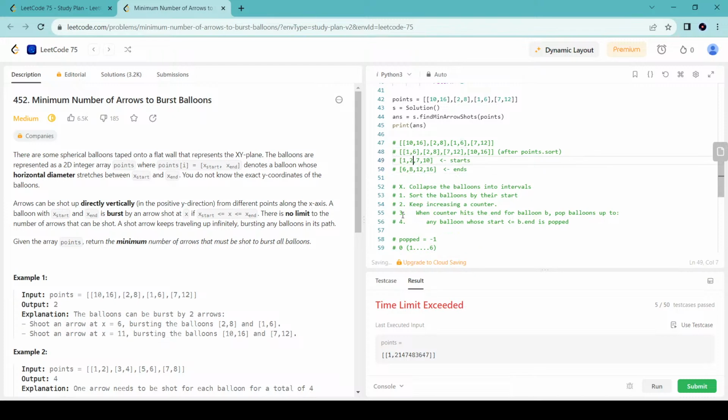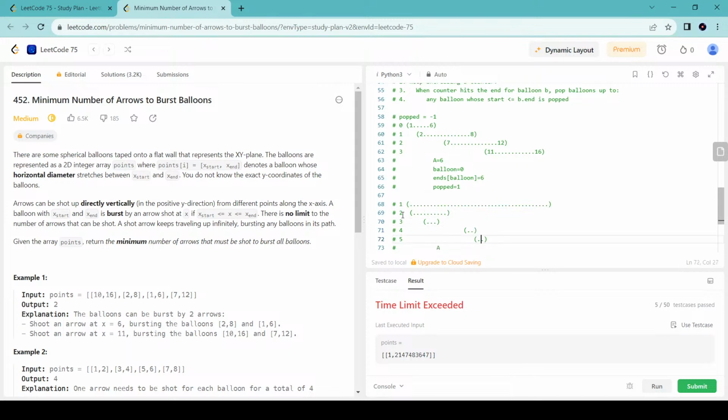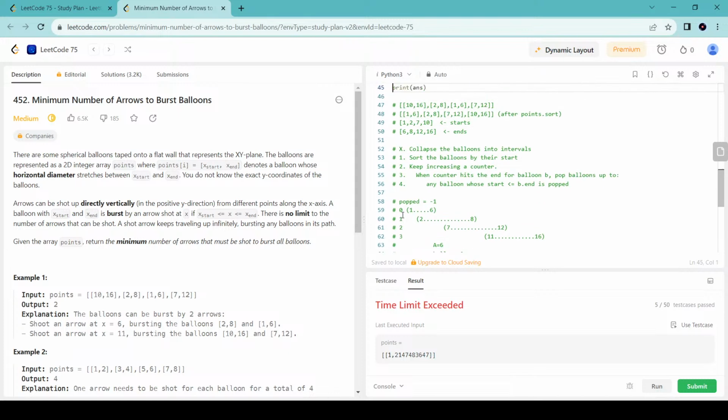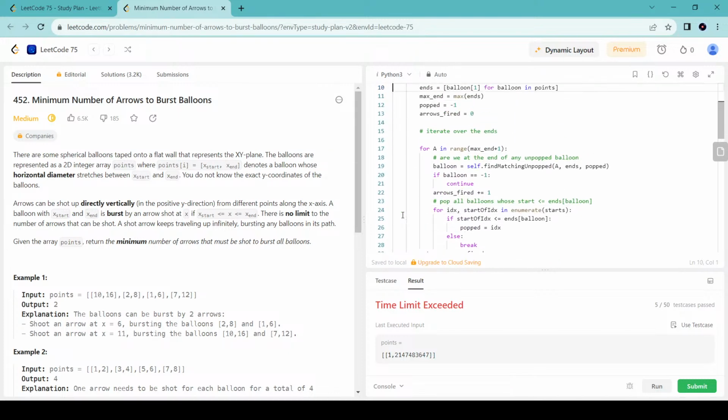So the right hand edges of the balloon. This is an n, this is an n, this one is an n, this one, and this one. We want to iterate over the ends, and we want to do it cleverly. Essentially, we want to find the next end that's unpopped and is the smallest.